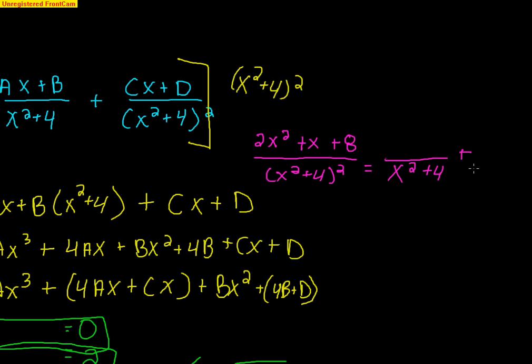The other one had (x squared plus 4) squared as the denominator for the second partial fraction.